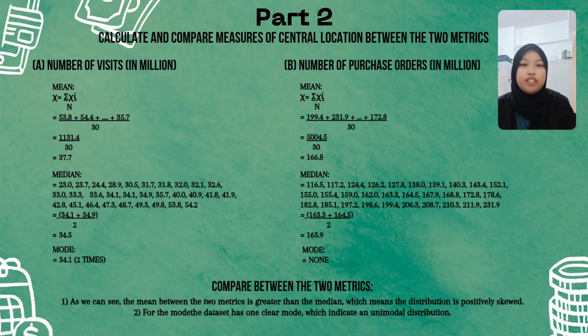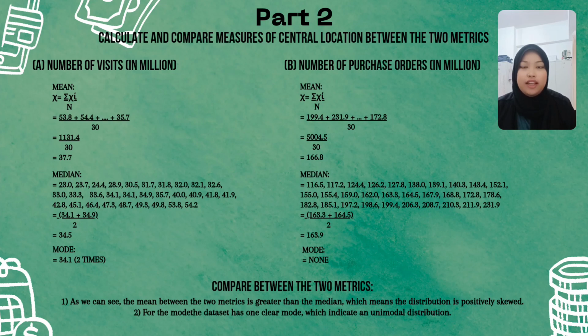Secondly, for the number of purchase order mean, I use the formula x-bar equals total of cumulative relative frequency divided by total of frequency. Then I get 166.8. How do I get this? 199.4 plus 231.9 plus until 172.8 divided by 30.